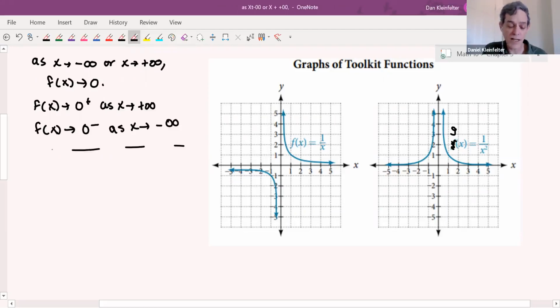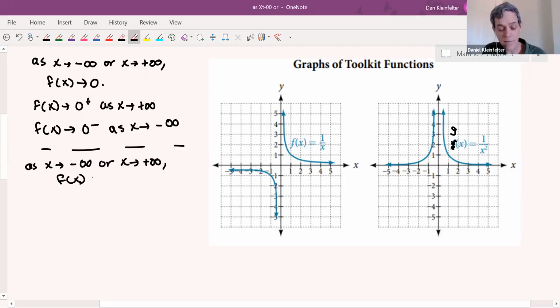Okay, for g, we could say as x approaches negative infinity or x approaches positive infinity, f of x is approaching 0. And we could be really specific about it and say it's approaching 0 through positive values.